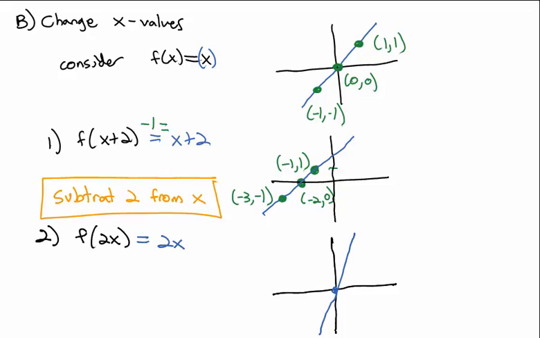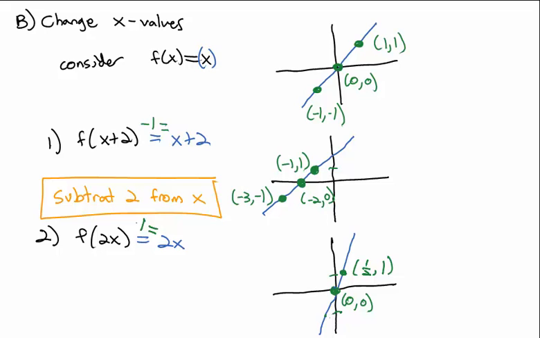Well, our y-coordinate of 0, 0 is probably the easiest to keep track of. It's still at 0, 0. A y-coordinate of 1, though, if we make 1 equal to 2x and divide both sides by 2, we see the x-coordinate is 1/2 when the y-coordinate is 1.